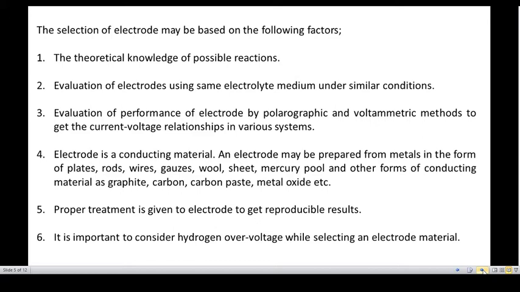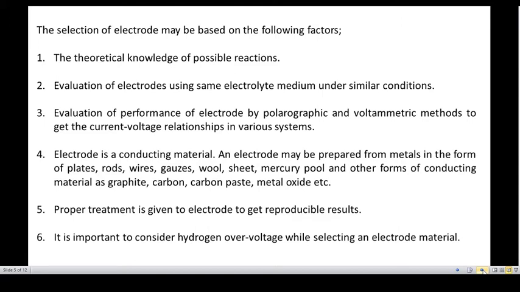And you have to carry out the electrodic reaction using the same electrolyte medium under similar conditions. It is very important. You have to carry out reactions several times under the same conditions, and perform voltammetry or polarography to study the current voltage relationship for the electrodic reaction.